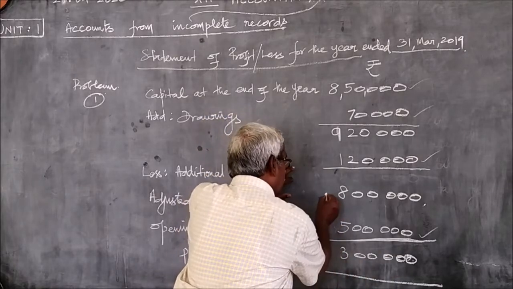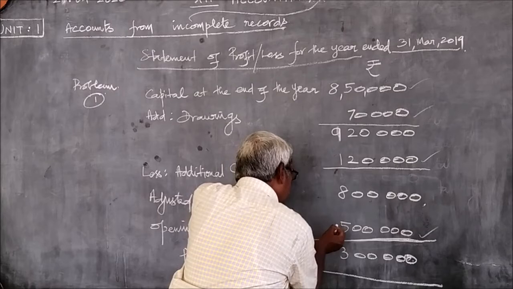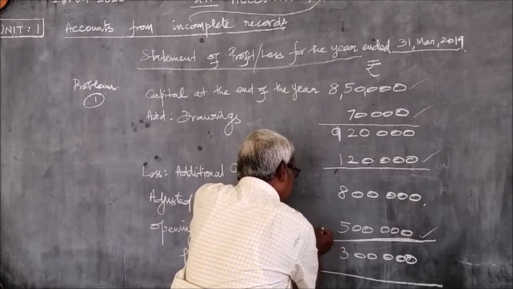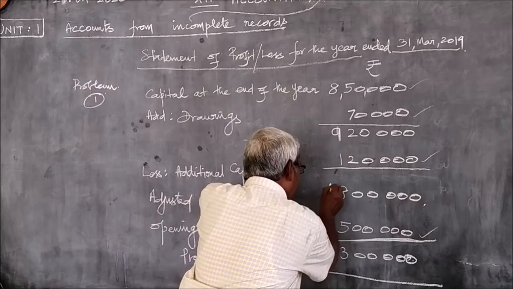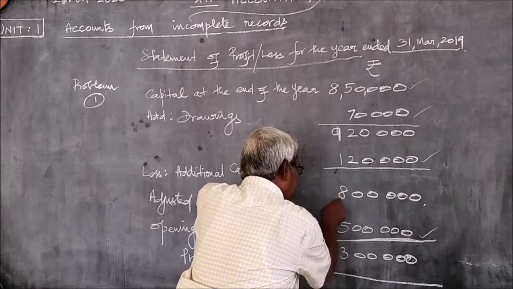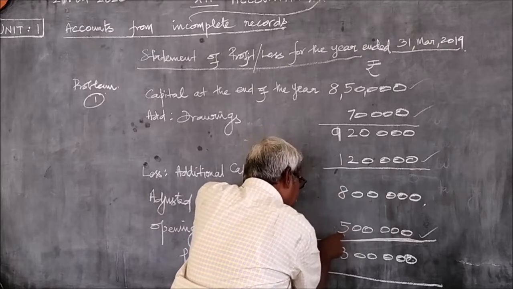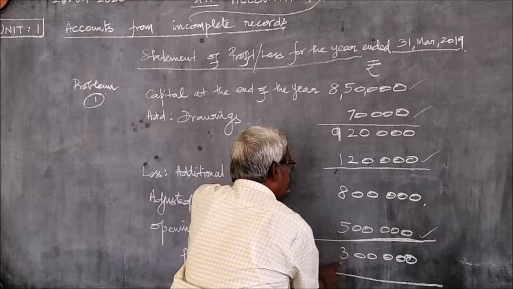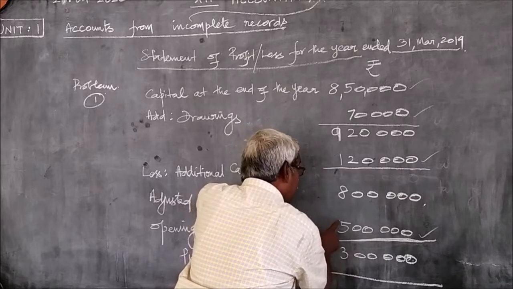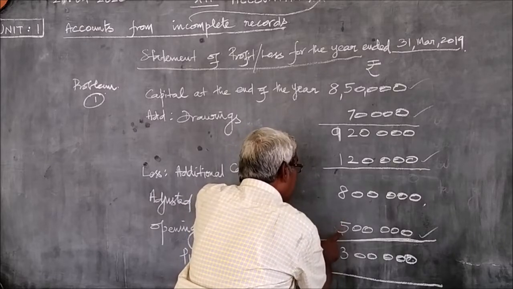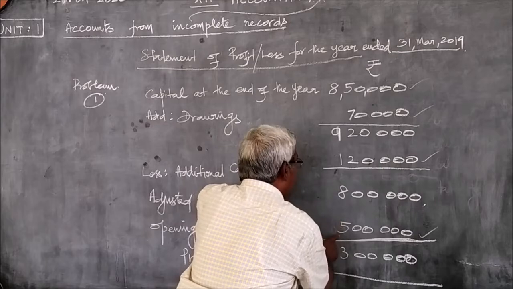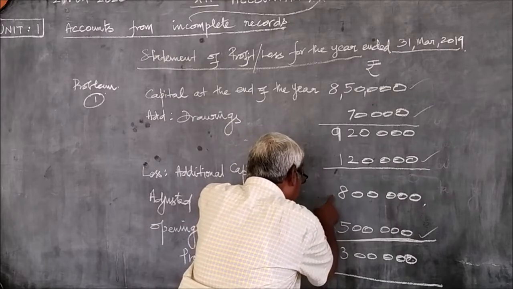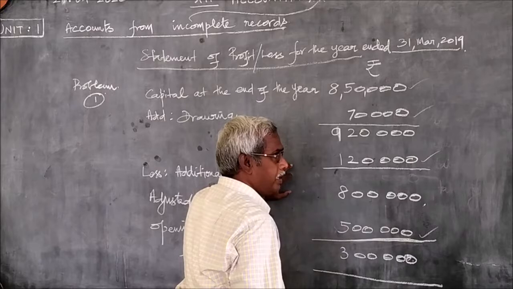If we minus the bottom number from the upper, we will get profit. If we take the bottom number and minus the upper number from it, we will get loss.